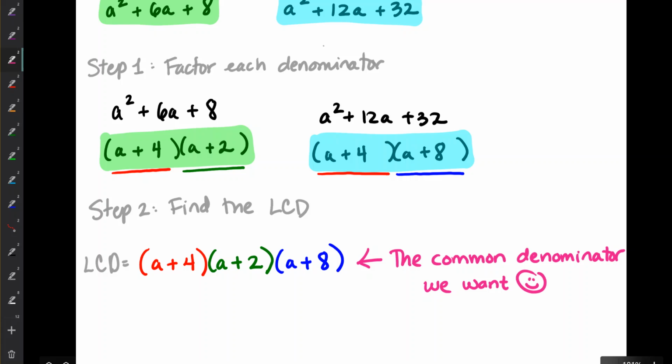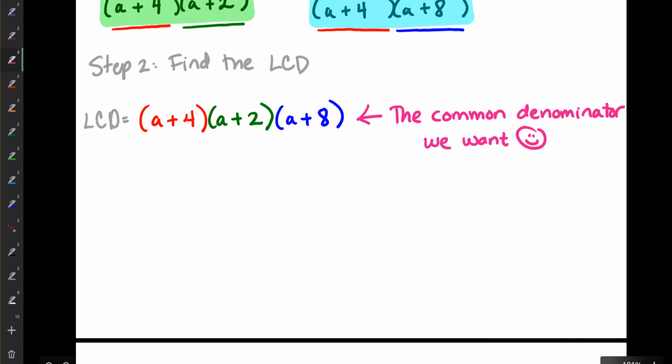All right, so now that we know the denominator that we want, we're going to go ahead and get that common denominator by cleverly multiplying by 1. So step 3, express each fraction with this common denominator.